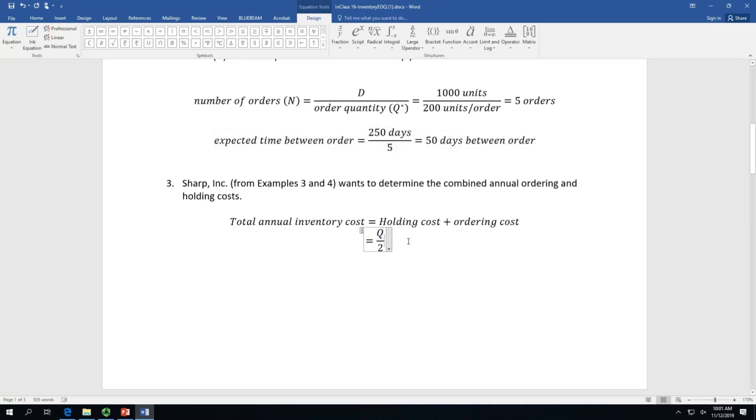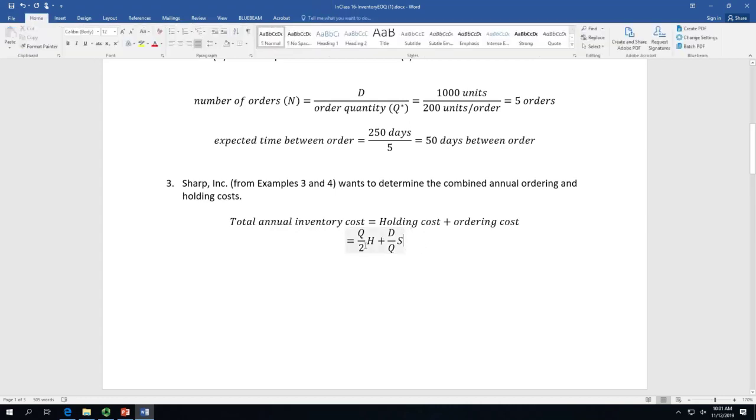Then times your holding cost per unit per year, and plus the next piece, the setup cost or ordering cost, which is D divided by Q, times the setup cost.